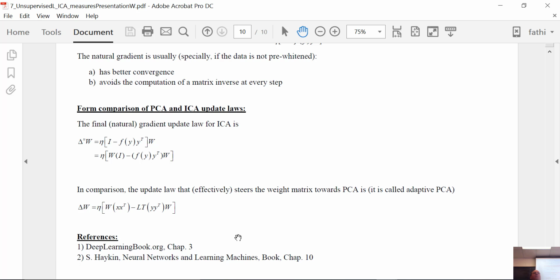Okay? If we're only looking at the adaptation for ICA, and we're using it not for the final layer, we're not interested, at least in this class, in having a network that gives us outputs that are statistically independent. In some applications, there's some interest there.